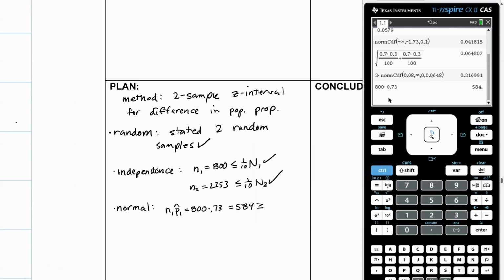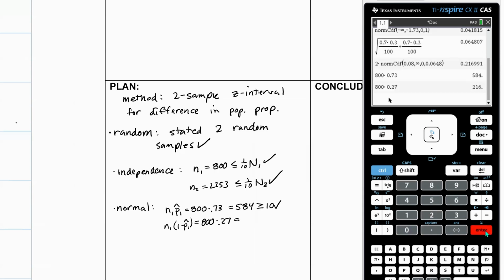And that number is certainly greater than or equal to 10. N1 times 1 minus P hat 1 is 800 times 27%, because 100% minus 73% is 27%. Find out that value, 800 times 0.27, and we get 216, and that number is certainly greater than 10. So we're halfway through the normal condition check.